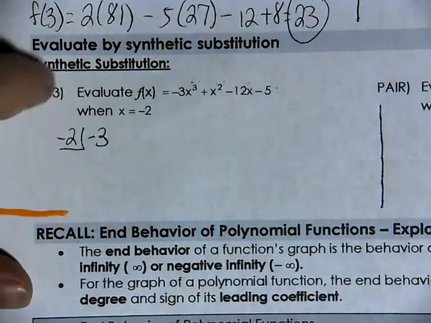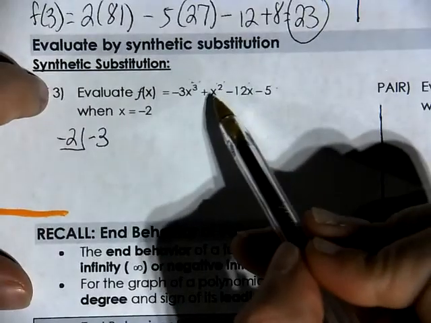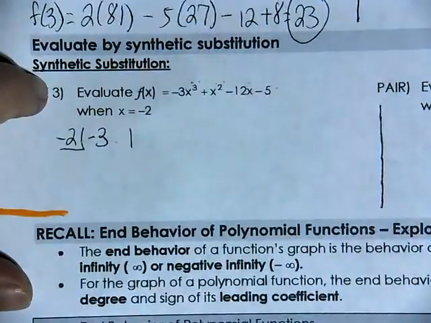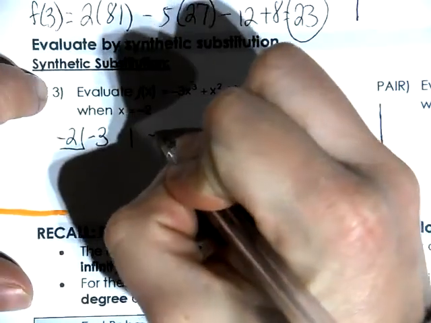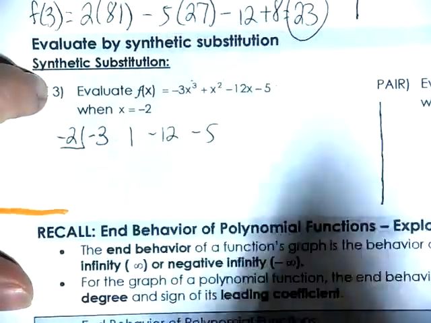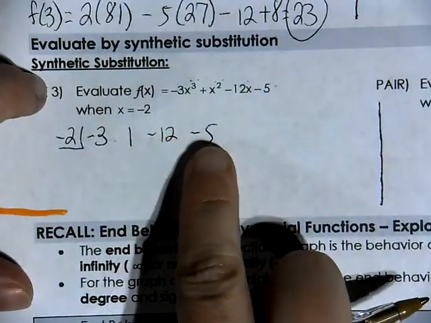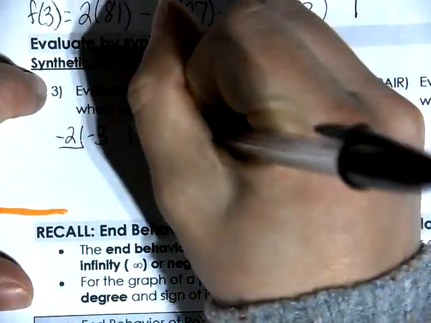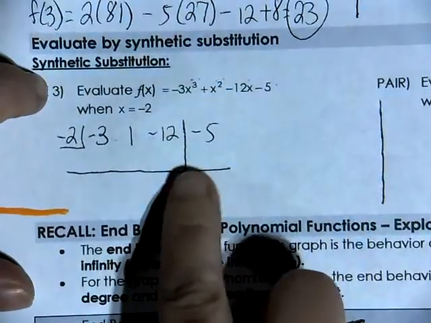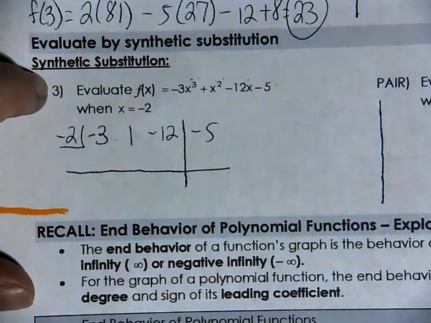Leave a little bit of space. You're not going to want to write the next coefficient right next to it to make it look like a 31. Leave some space. 1. Leave some space. -12. Leave some space. -5. Now, between our last two values, we're going to draw a vertical line and a horizontal line, leaving this little extra box on the side.